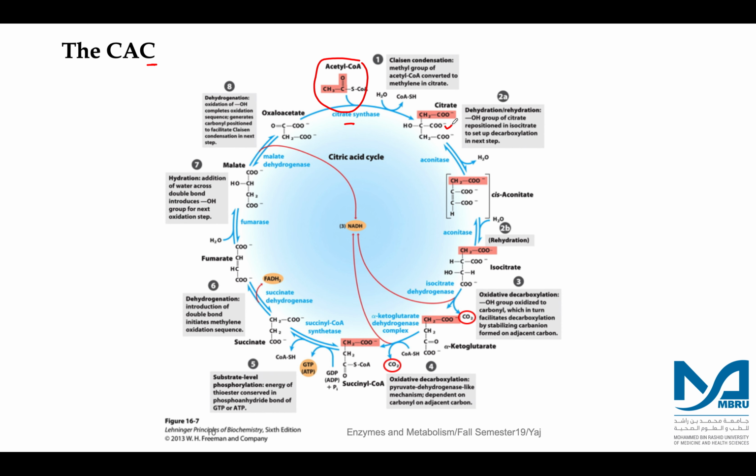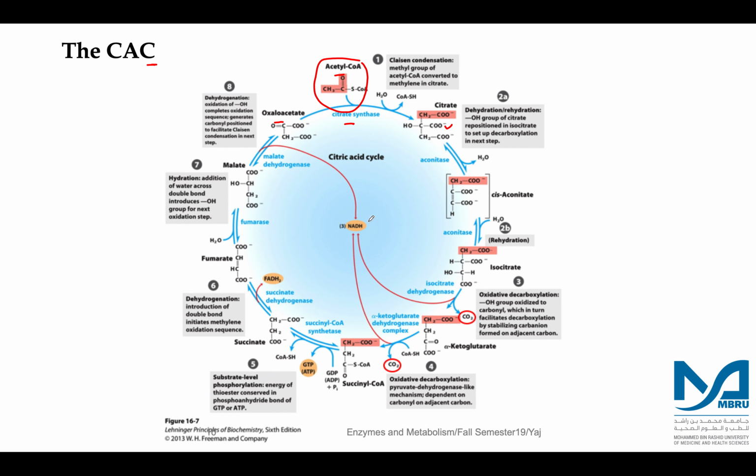Now, once the cycle starts with the generation of citrate, through successive steps it will give rise to oxaloacetate back again. Once we come back to oxaloacetate, it will bind to further molecules of acetyl coenzyme A, leading to the start of the cycle again.